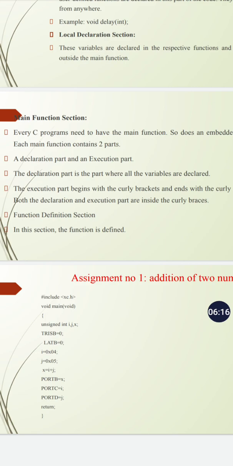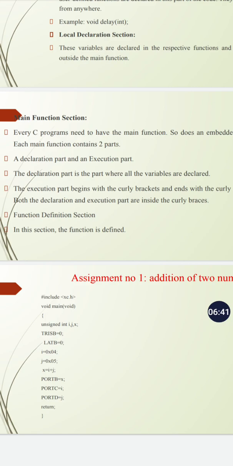Here in this program, I have used port B to store the result. So I have declared port B in output mode using the instruction TRISB = 0. I am going to store the result of my operation in the LAT register. The LAT register is the specialized register which stores the result of your operation. I have declared the value of i as 0x04.